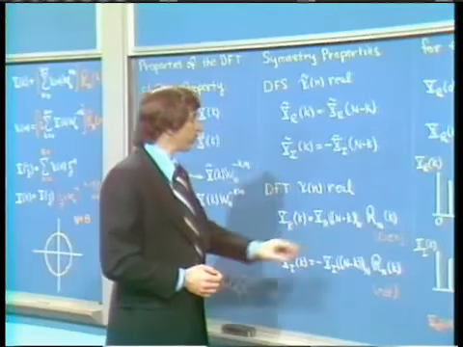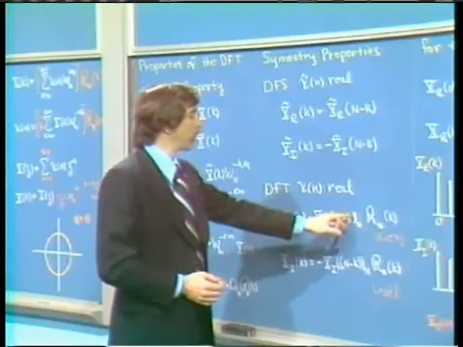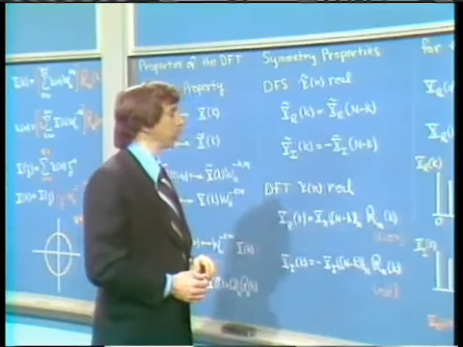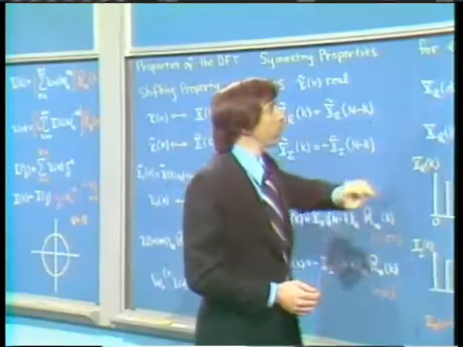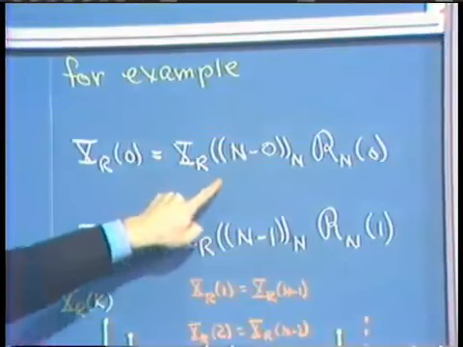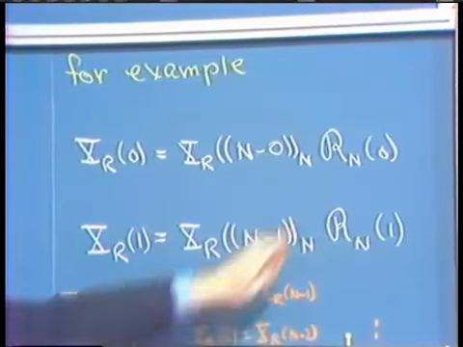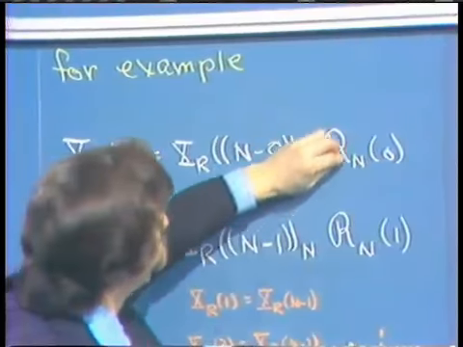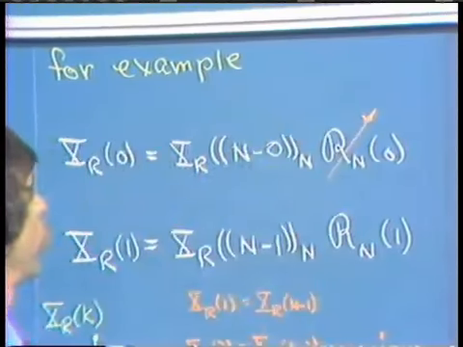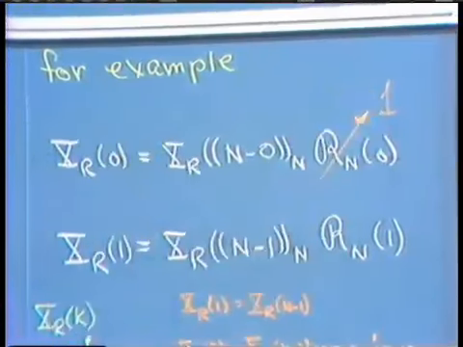For k equal to 0, we have x sub r of capital N modulo capital N, or equivalently up here capital X sub r of 0 is x sub r of n minus 0 modulo capital N times r sub n of 0. Well, r sub n of 0, according to the way that we've defined this rectangular window, is unity.